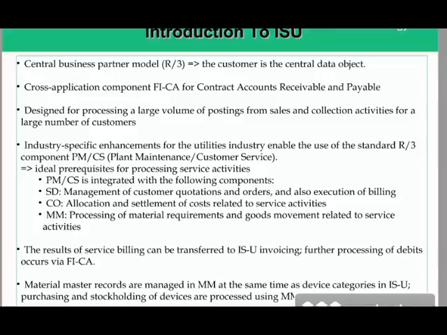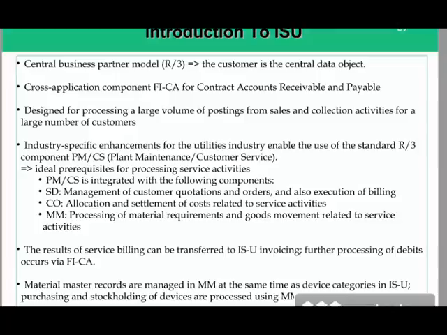Then there is the sub-ledger, which is contract account receivable and payable, which deals with the large volume of customers and gets linked with the core application component. So this is how the data gets exchanged between the core modules and SAP ISU.